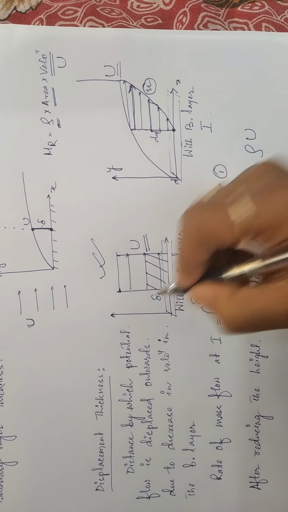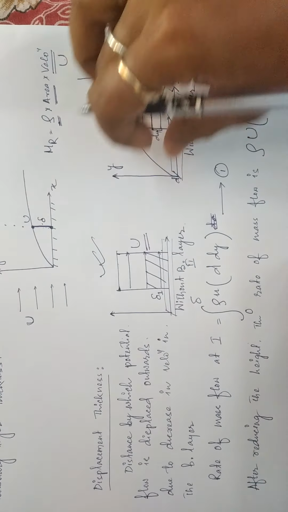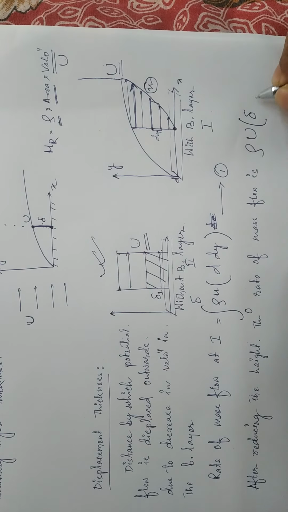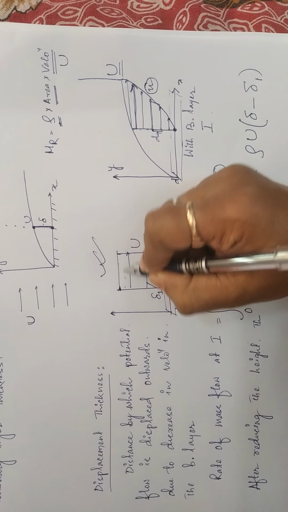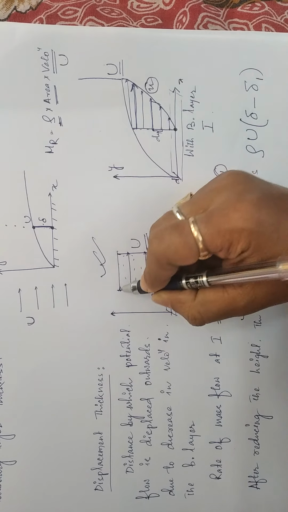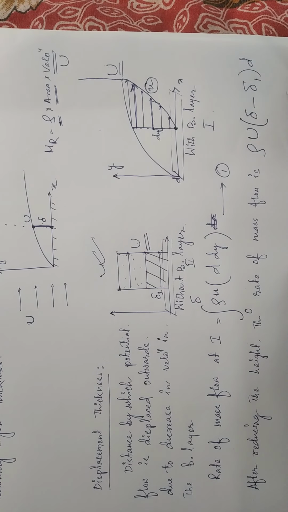Now what is that particular length? The total length is the same in both the cases. So delta minus delta 1, because you need only this part. So this total length is delta into the thickness d.